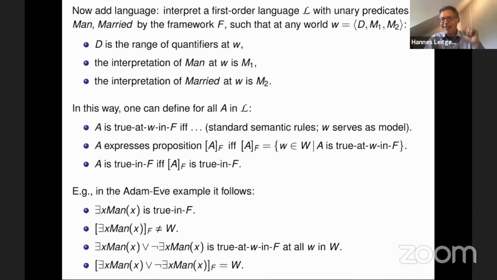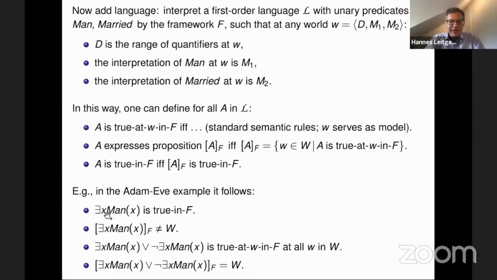So here I side with the somewhat older tradition that would think primarily of propositions as the bearers of truth values, and which then defines truth for sentences by the propositions that the sentences express. A true sentence is one that expresses a true proposition. That's the strategy that I use here. So this is different from Tarski, who famously defined truth directly for sentences. I'm not doing that here.